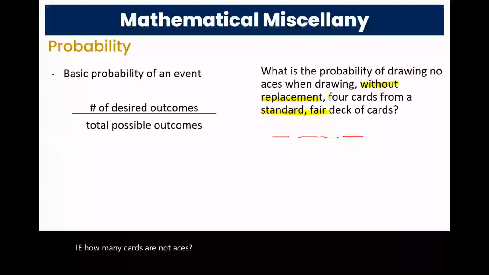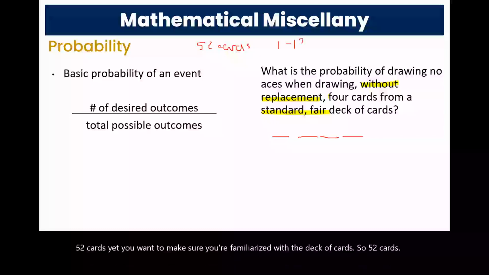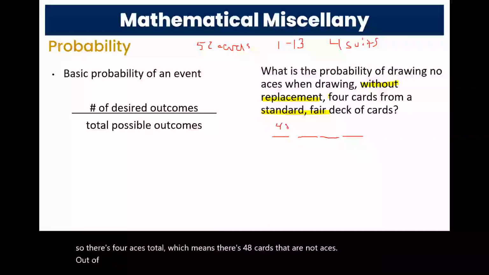And if you don't remember, decks of cards are 52 cards. You want to make sure you're familiarized with a deck of cards. Basically 1 through 13 in 4 suits, although it's ace through king. So there's 4 aces total, which means there's 48 cards that are not aces out of a total possible of 52.